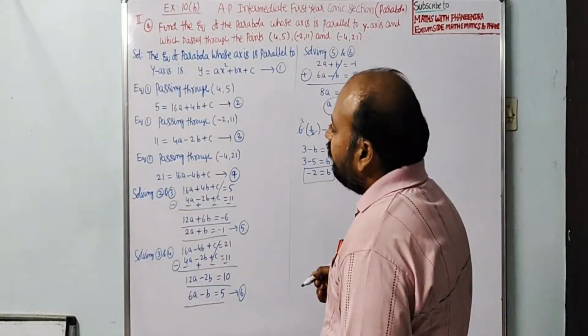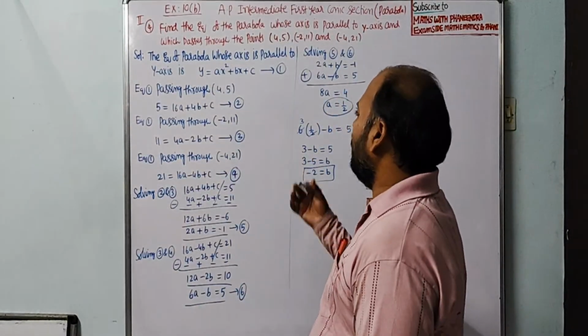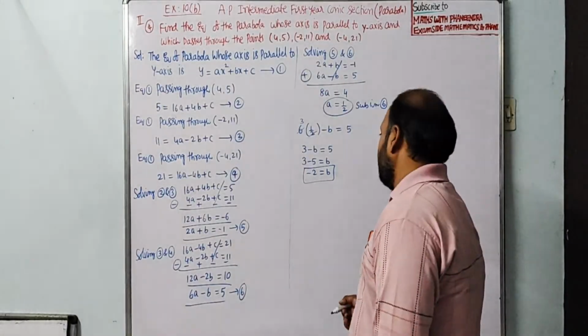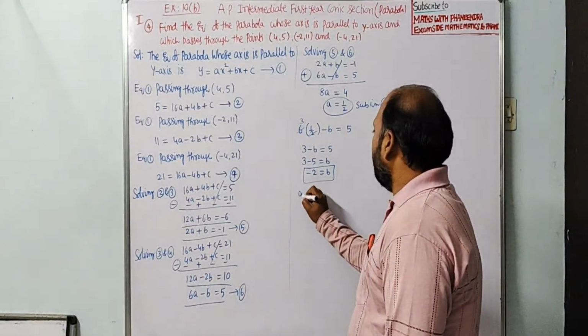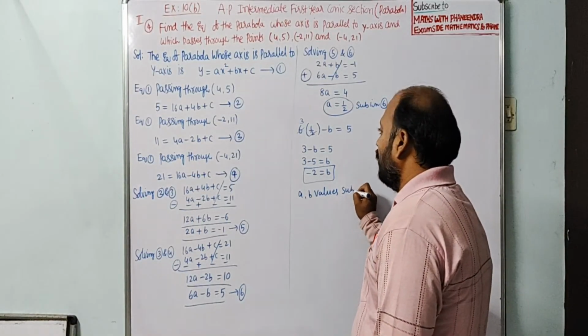So among these, which one is the small one? Only equation 3 is the easy equation. So a, b values substitute in equation 3.